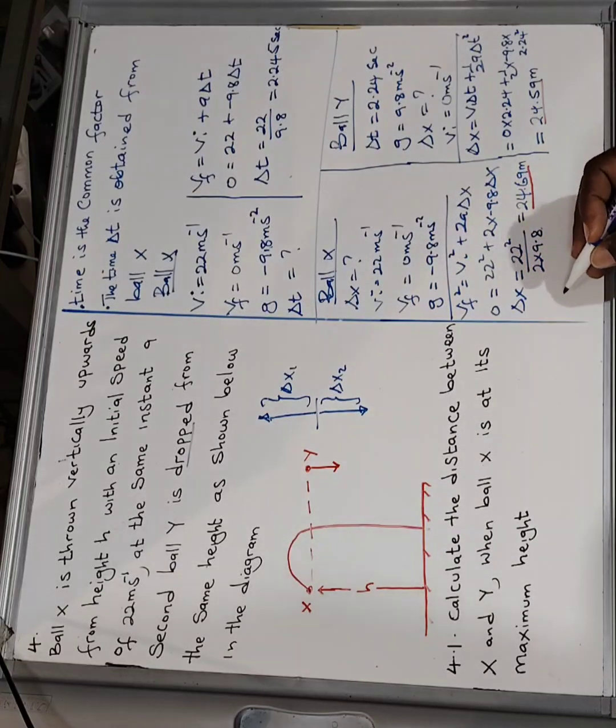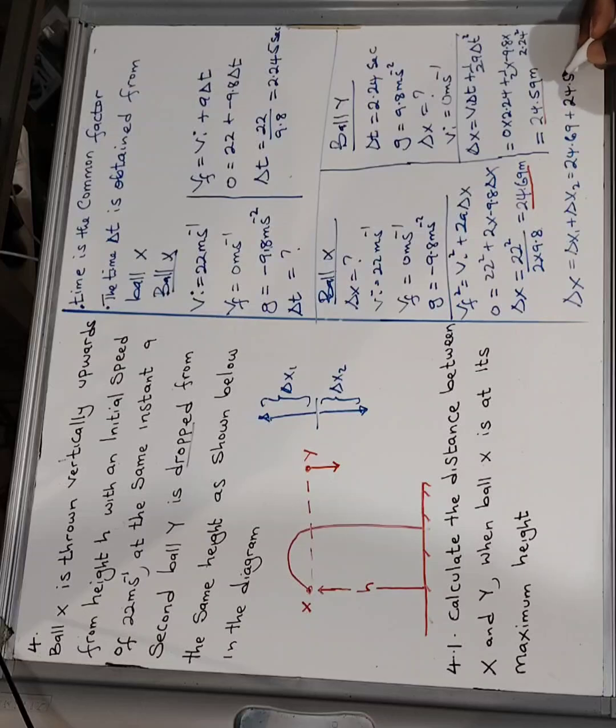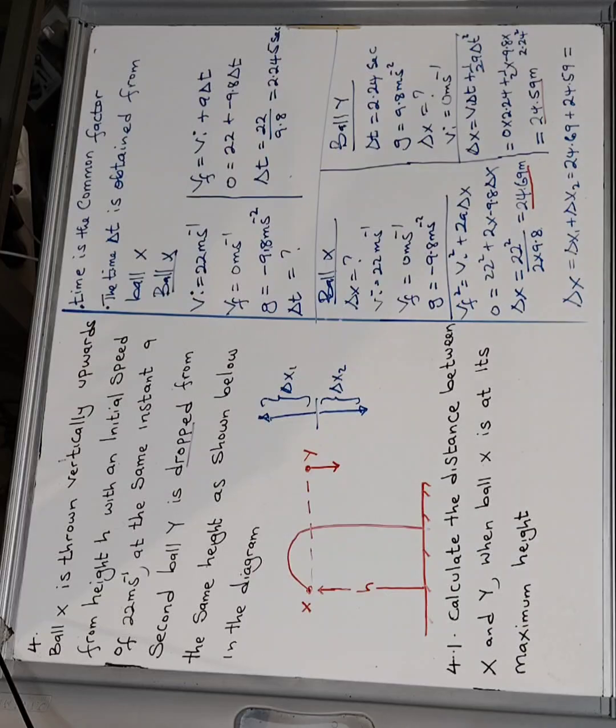The distance between the two is going to be delta x1 plus delta x2, which is going to be 24.69 plus 24.59.